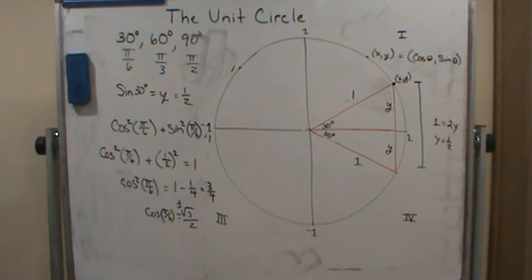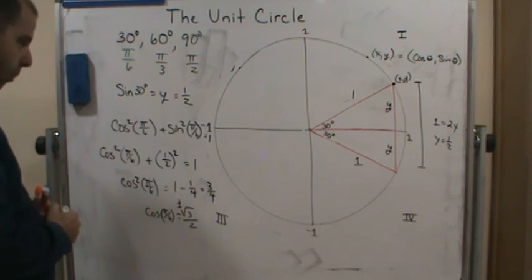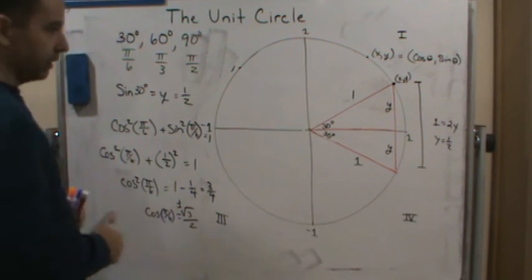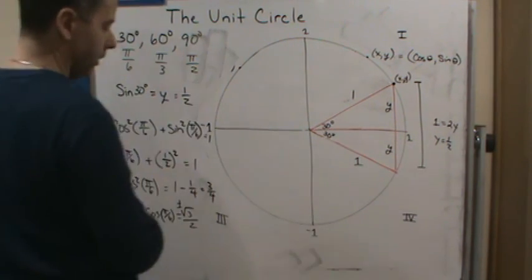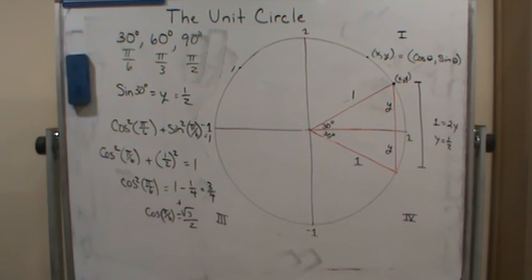But since we're in quadrant 1, and we know that cosine is positive, then this is going to be positive. Then of course y is positive.